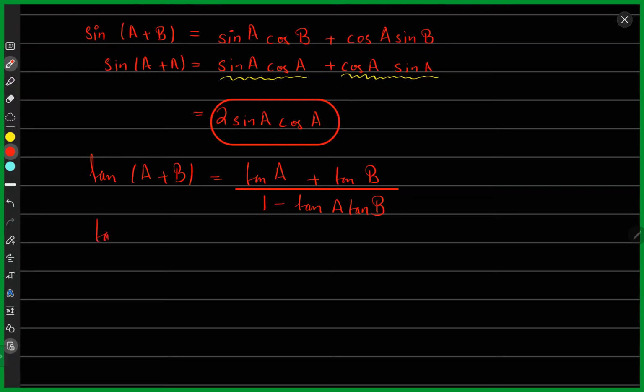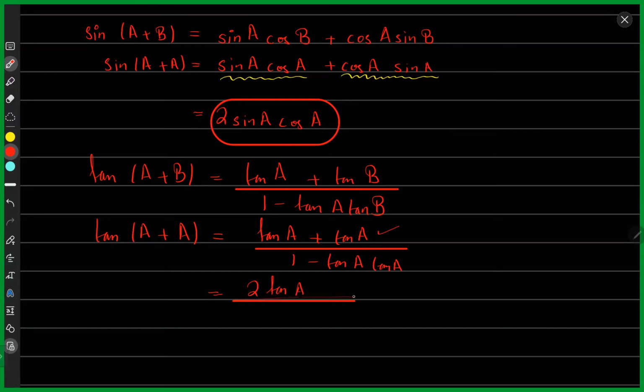And I can write down the same thing, tan a plus a is equal to tan a plus tan a divided by 1 minus tan a tan a. So tan a plus tan a would give me 2 tan a divided by 1 minus tan a squared.